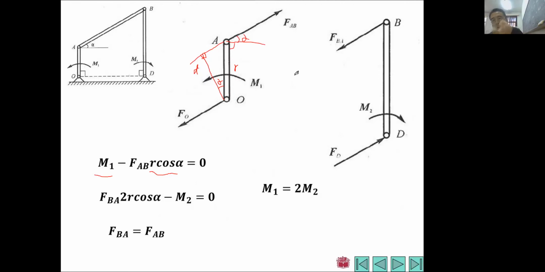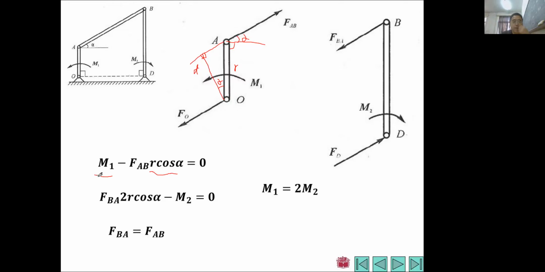You will find my thumb points into the plane, right? Your folding direction of your four fingers is clockwise, so it is negative. You should give a negative minus sign here.